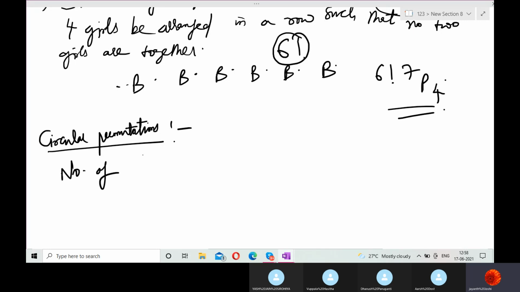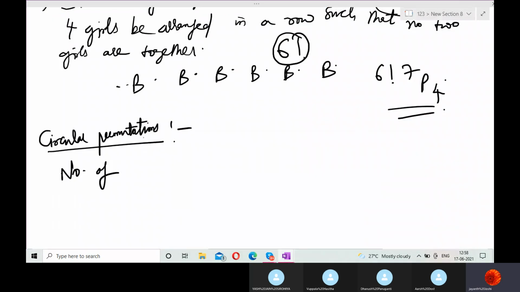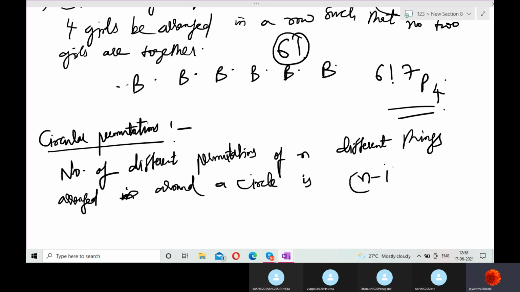Number of different permutations of n different things arranged around a circle is n minus 1 factorial.